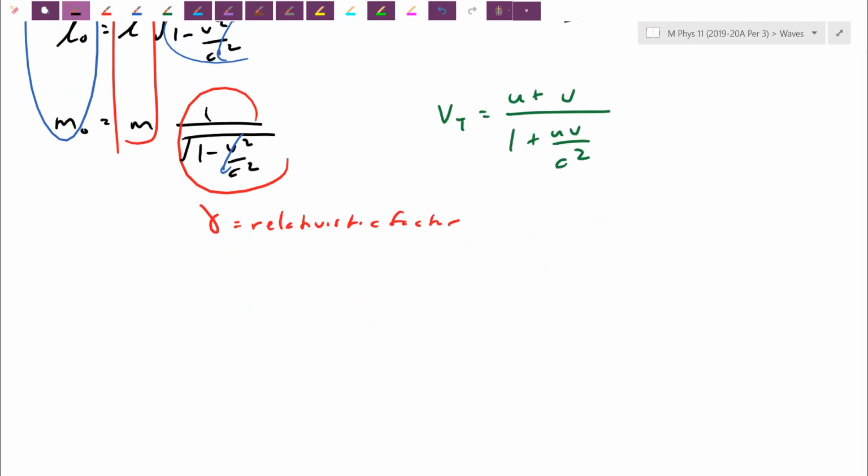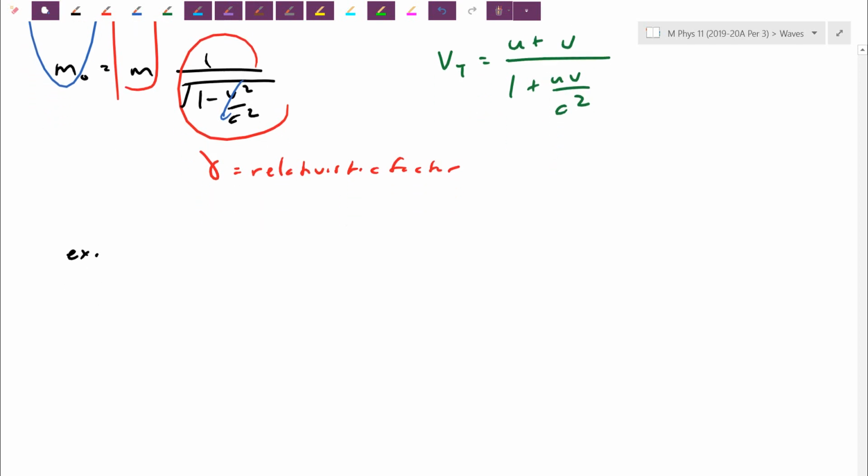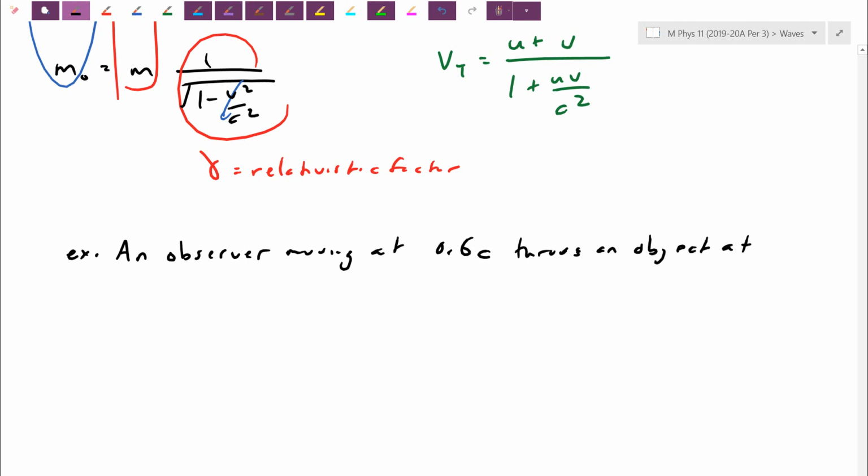This right here shouldn't be all that bad. I want you to do relativistic addition. An observer moving at 0.6 the speed of light throws an object at 0.4 the speed of light.